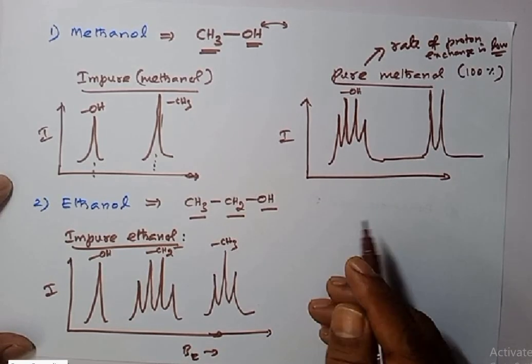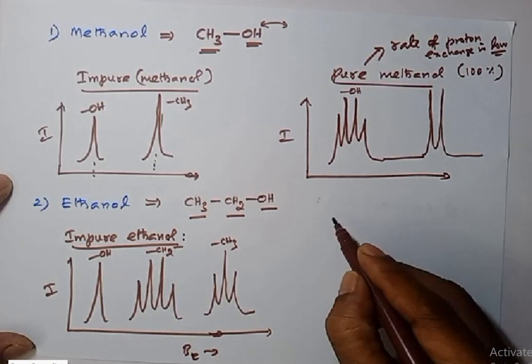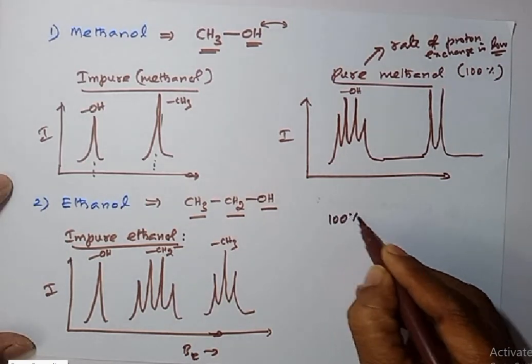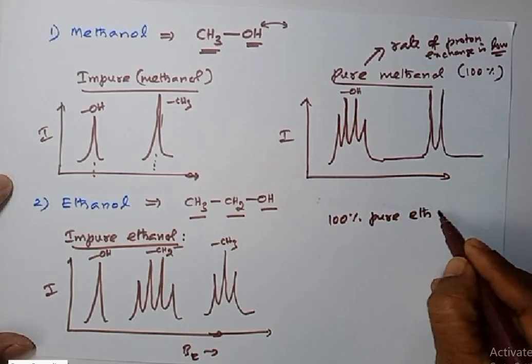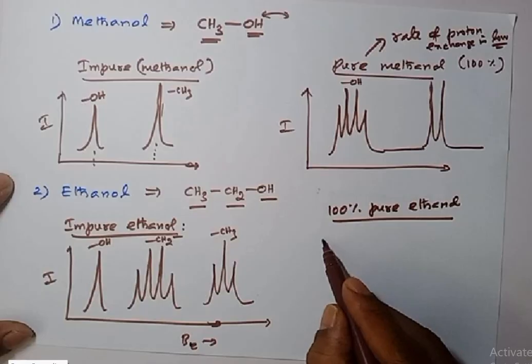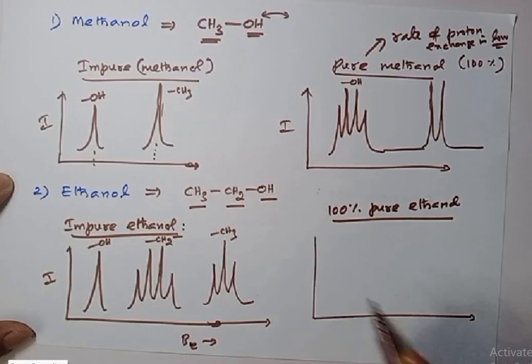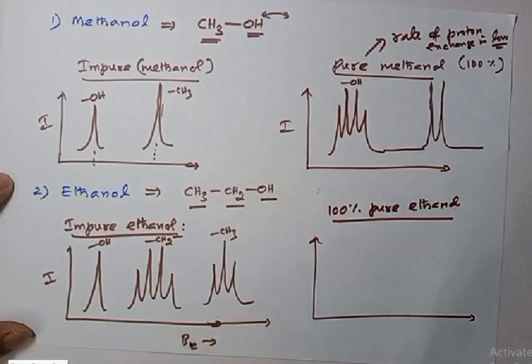Suppose you take very pure, 100% pure ethanol. In 100% pure ethanol, the rate of exchange of the OH proton is very, very low.